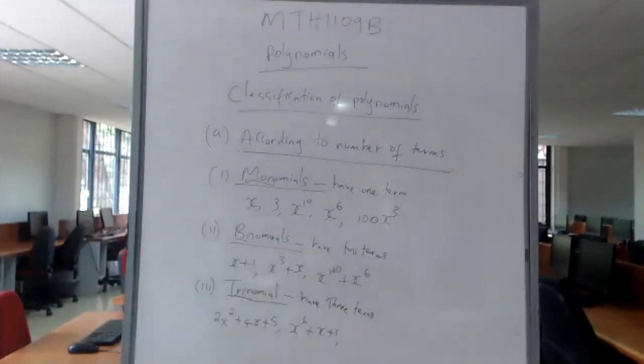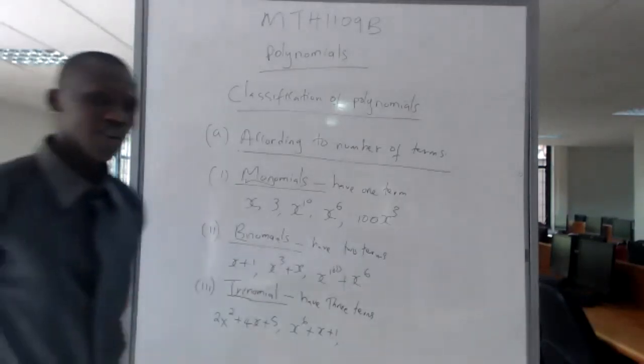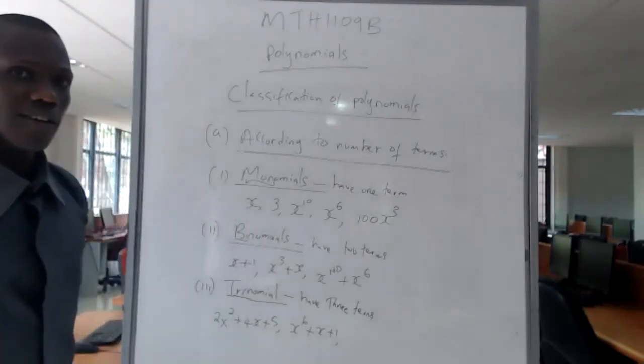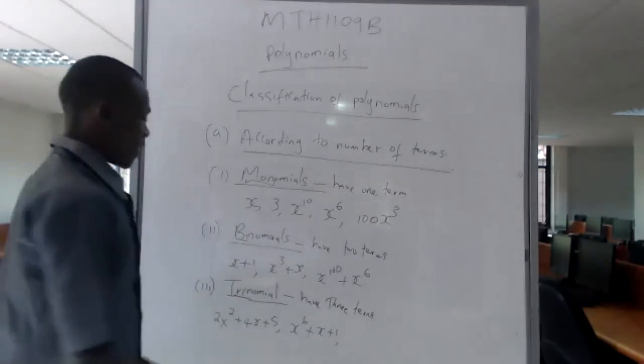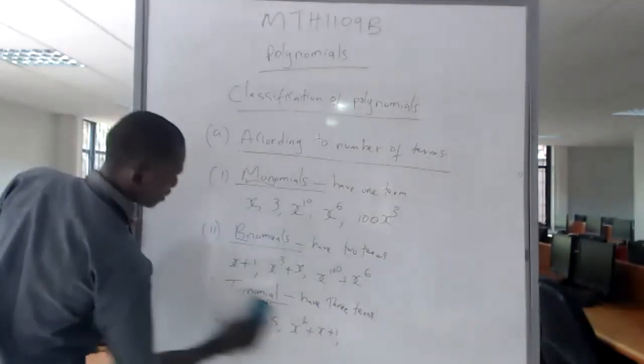If a term can have more than one exponent. Variable. Or you mean variable? Pardon? Do you mean variable? Let me rub this.